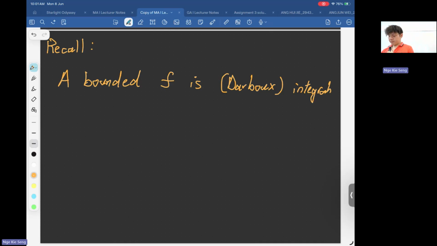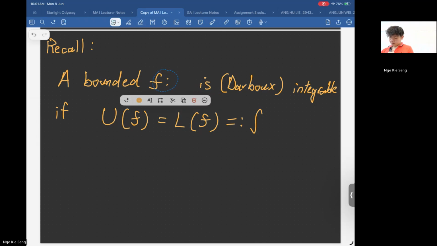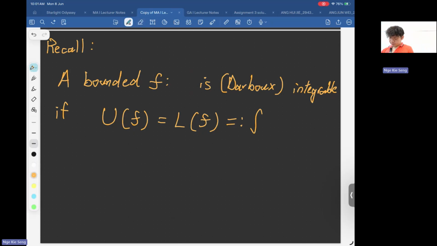If the upper integral is equal to the lower integral, then we will call this the integral from a to b.